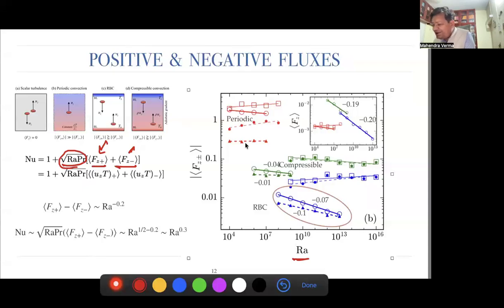Now there are too many curves here, but just focus on one of them, RBC. So positive ones are here, the solid line, which is the normalized one, is coming down. Is near zero, but is minus 0.07. The dashed one is negative. Okay, negative one is also coming down, but the difference between positive and negative is shrinking with Rayleigh.